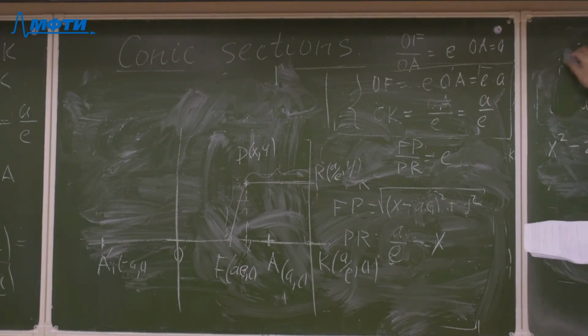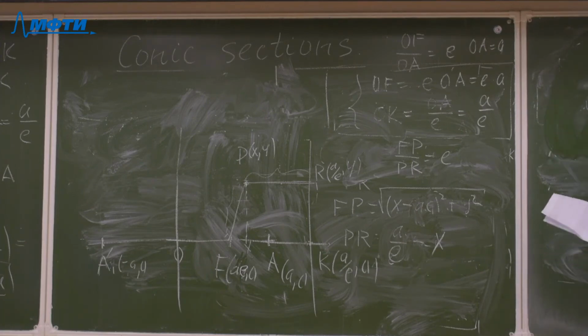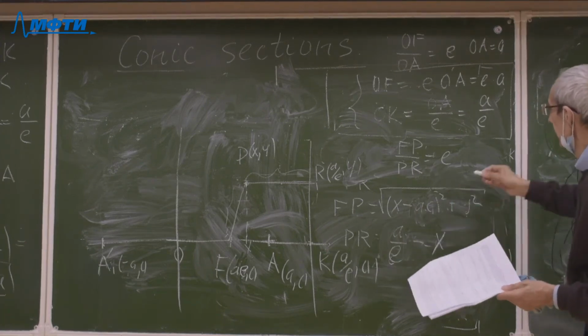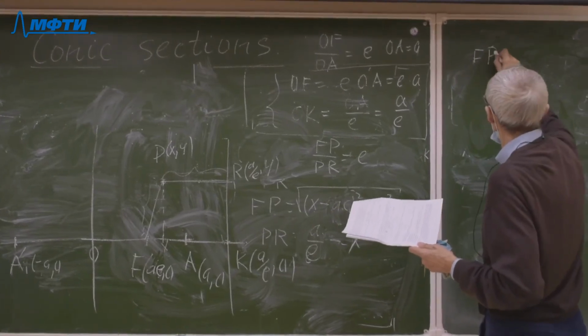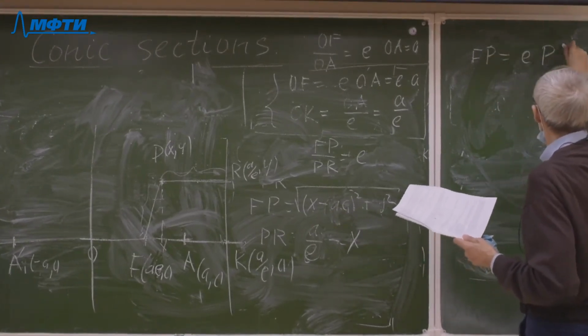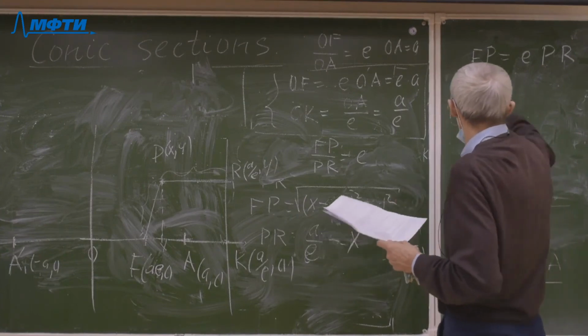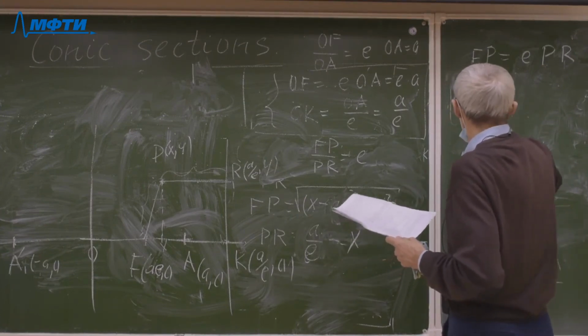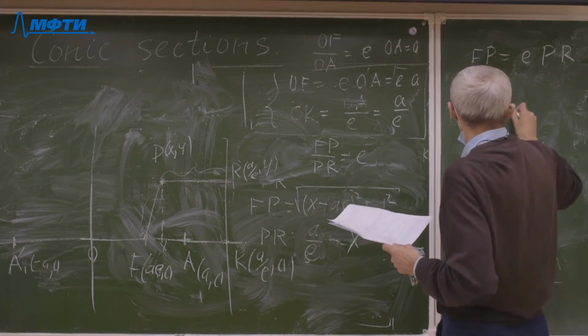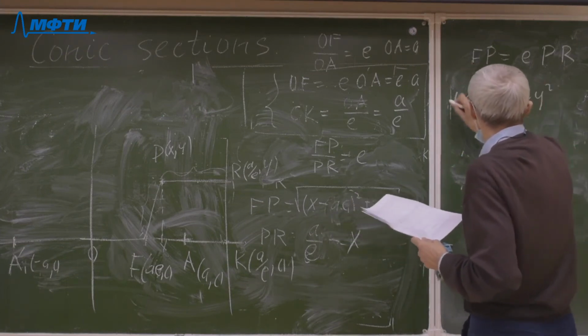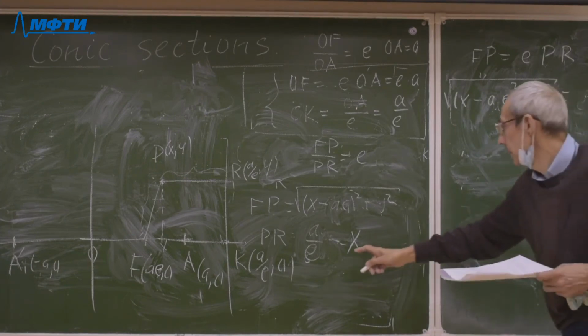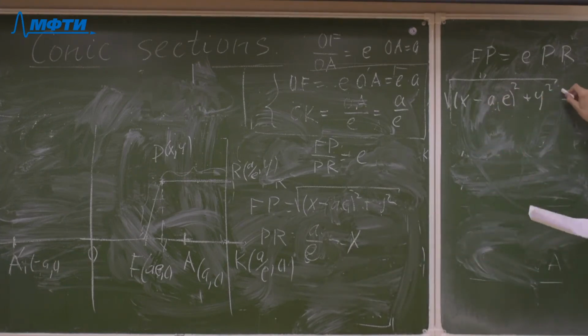And we have the following equality: FP is equal to e PR. FP is the square root of (x minus eA) square plus y square. e times PR is equal to e times (a over e minus x), which is a minus ex.